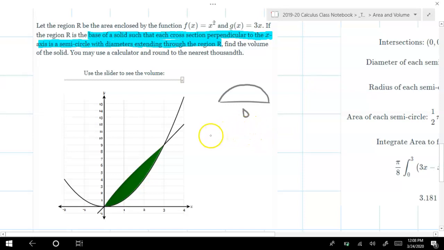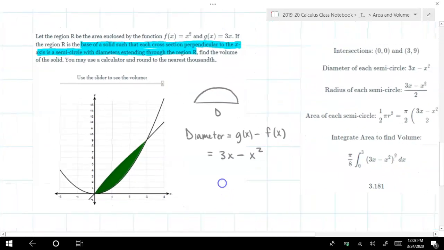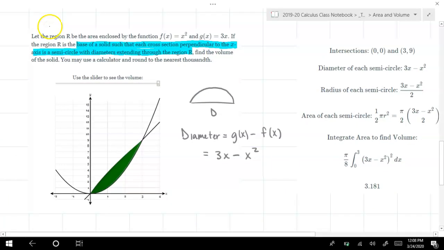So to find the length of the diameter, this will be top curve minus bottom curve. Well, the top curve there is going to be the straight line, which is g of x. The bottom curve is f of x. So the diameter is equal to 3x minus x squared. The area of a whole circle is pi r squared. So the area of a semicircle is going to be 1/2 pi r squared.